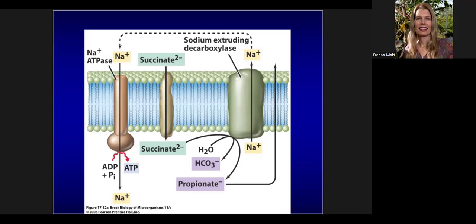They need a fair bit of succinate to make sure this can all happen. So this is a classic example of, okay, this is not substrate level phosphorylation. Instead, you're pumping ions to create an ion gradient for your ATP.